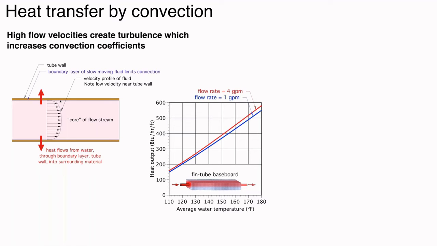Just as an example, if you look at the heat transfer ratings on fin-tube, most manufacturers plot those out at flow rates of 1 gallon per minute and 4 gallons per minute. Without exception, you'll find at 4 gallons per minute with the same water temperature, the heat transfer rates are higher. That's simply because we have a thinner boundary layer. We have better convection inside the pipe that is transferring heat to those aluminum fins.